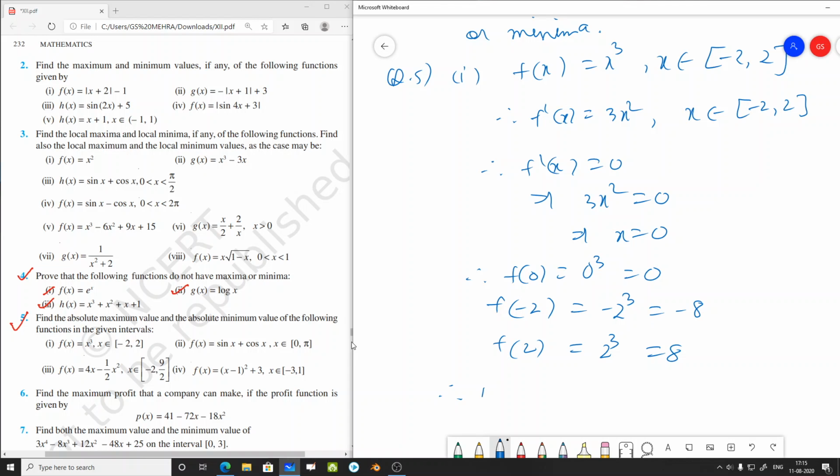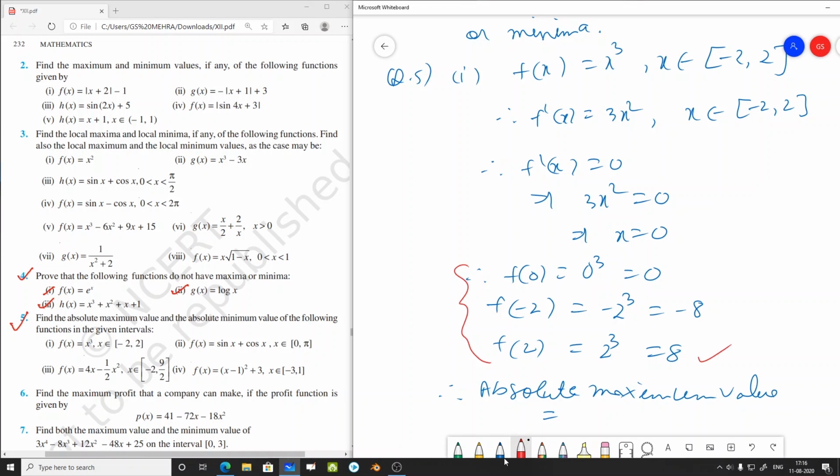So absolute maximum value is equal to, out of these three we have to select the greatest value. So what is that? It is 0, minus 8 or 8, and we can see that the greatest value will be 8.